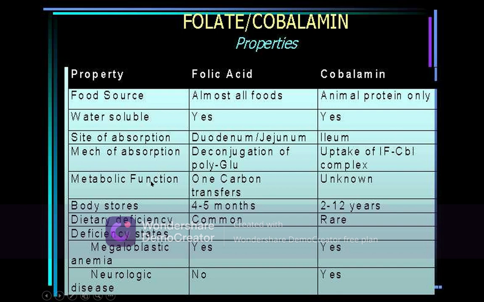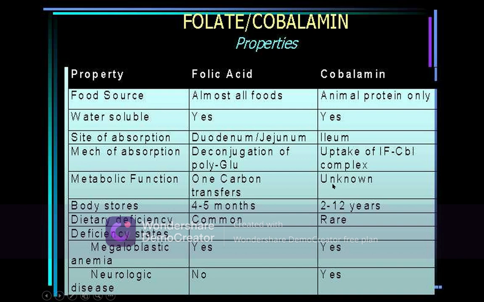Now, the metabolic function of folate is one carbon transfer, which is the main function, which I have already shown you. Cobalamin's actual metabolic function is unknown, although it is needed for DNA synthesis.